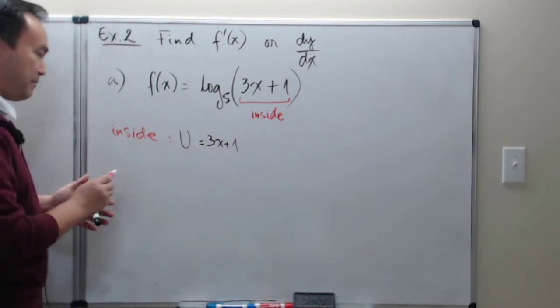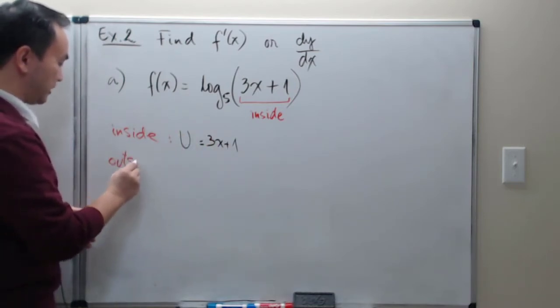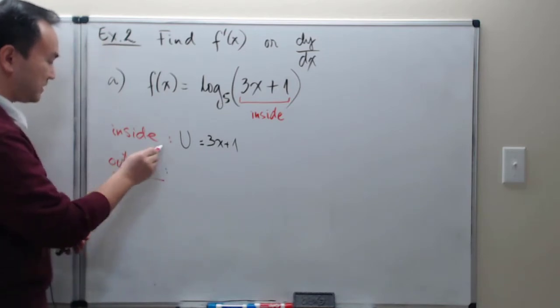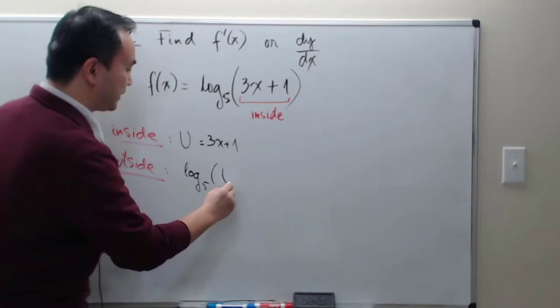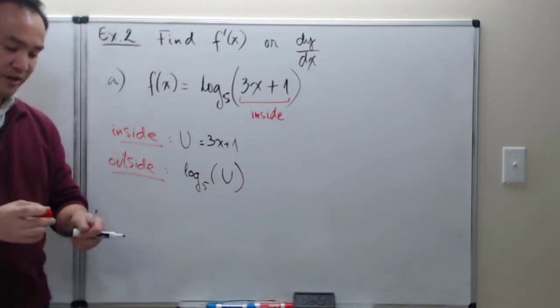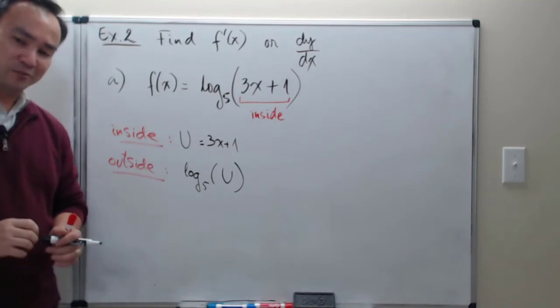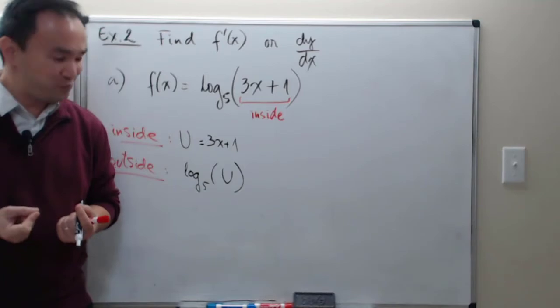And then after we substitute, your outside expression becomes simply log base 5 of the variable u. The reason I start bringing up, and using quite excessively, the terms inside and outside is that you can start seeing where I'm going with this.